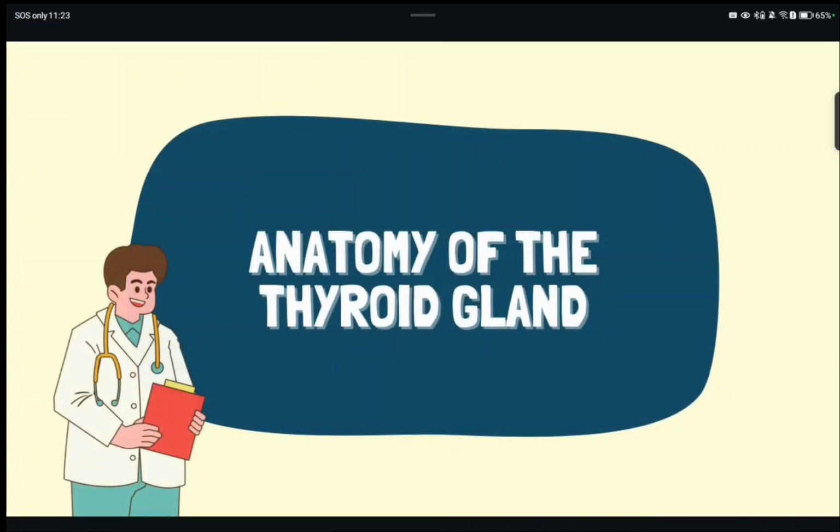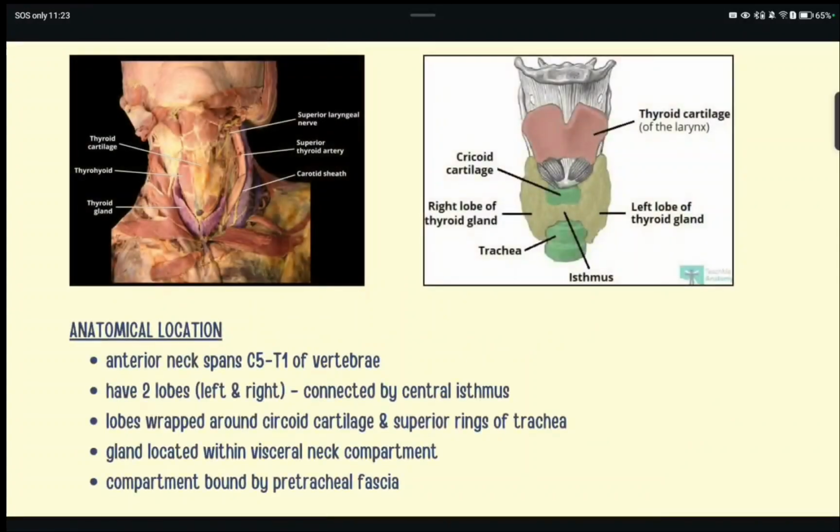Now I will be going deeper into the anatomy of the thyroid gland. As you can see, I have provided two visual representations of the thyroid gland. On the left side is a visual representation of the thyroid gland in a cadaver, whilst on the right-hand side of the slide is a visual representation of the thyroid gland with color coding.